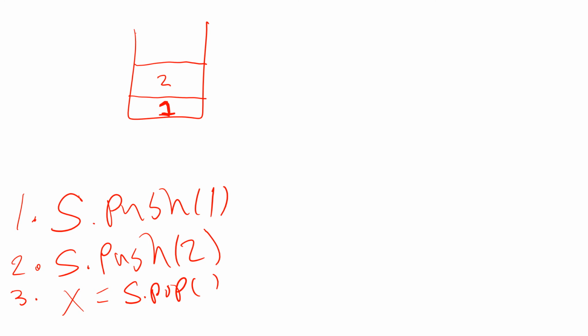X is going to have the value of 2, and your stack is going to look like this now. Does that make sense? Even though 2 was the last one to get in, you went 1 and then 2 got put on, the first thing to come off is the 2, not the 1.